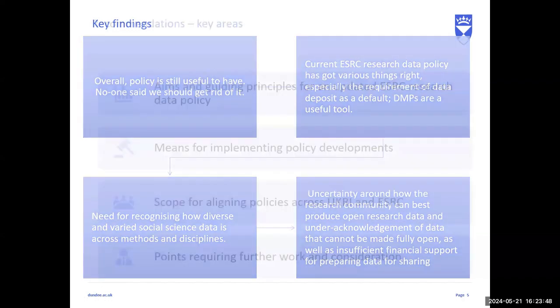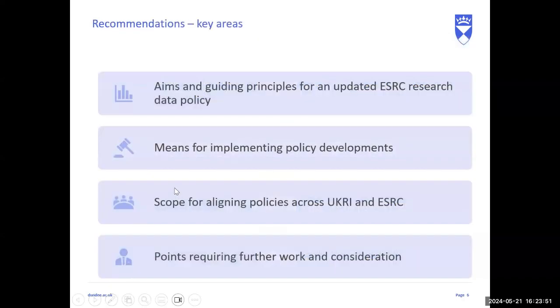And also another important point that was raised was insufficient financial support and resource for preparing data for sharing at the end of grants. We have a number of recommendations, 19 in total, and they are across a number of key themes. So the first one being aims and guiding principles for an updated research data policy. The second being means for implementation.